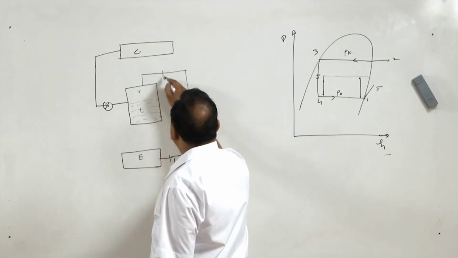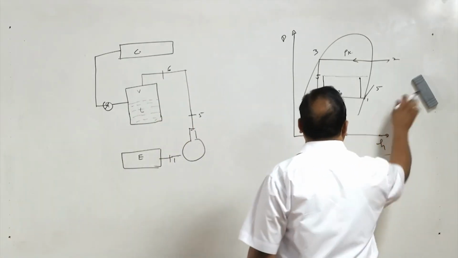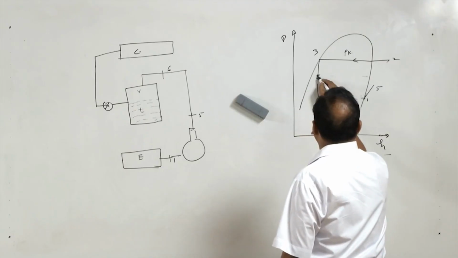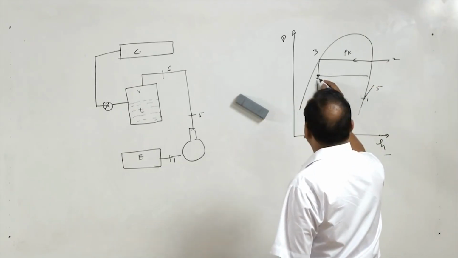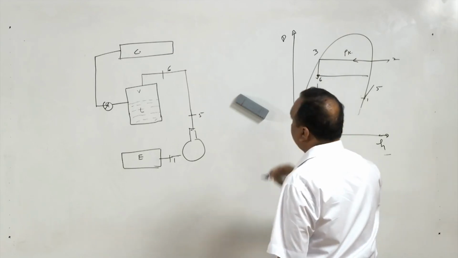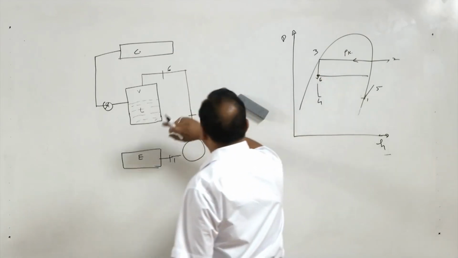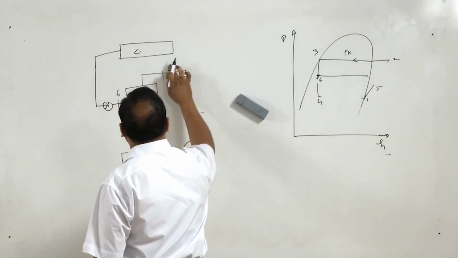So, we will say it is 6. Now, expansion has taken place up to here. This point is 6, and this point is 7.